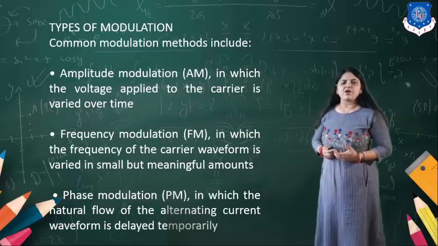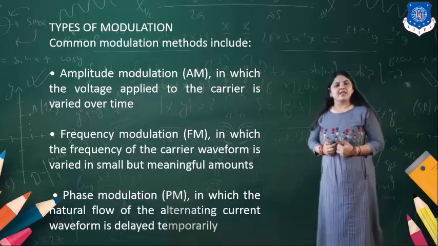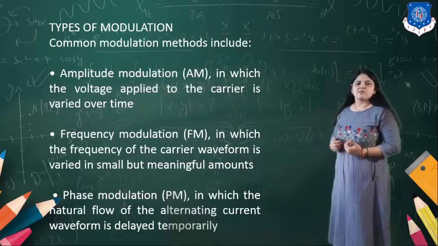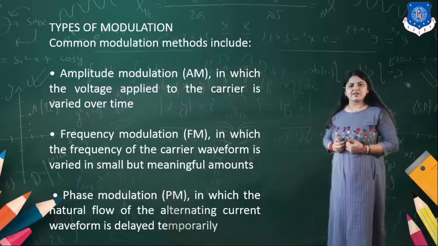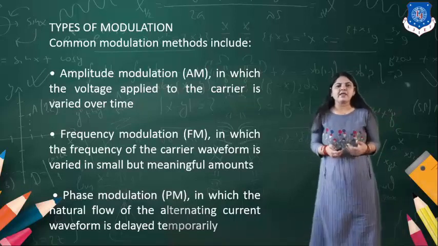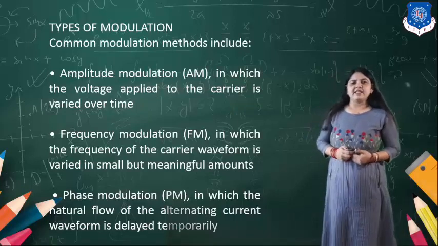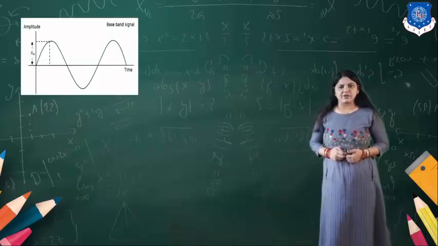In frequency modulation, the frequency of the carrier waveform is varied by a small but meaningful amount, and in phase modulation, the natural flow of the alternating current waveform is delayed temporarily. So that is about the types of modulation.